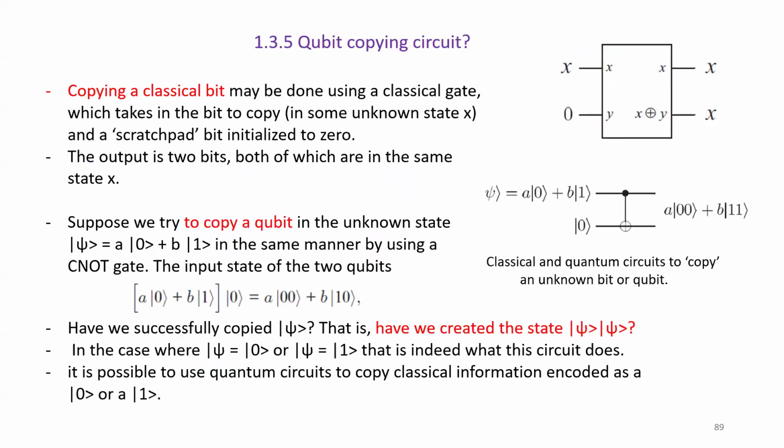One of the things that we would like to talk about is, can we do copying of a qubit? If you have a qubit, can you have a copy of it?